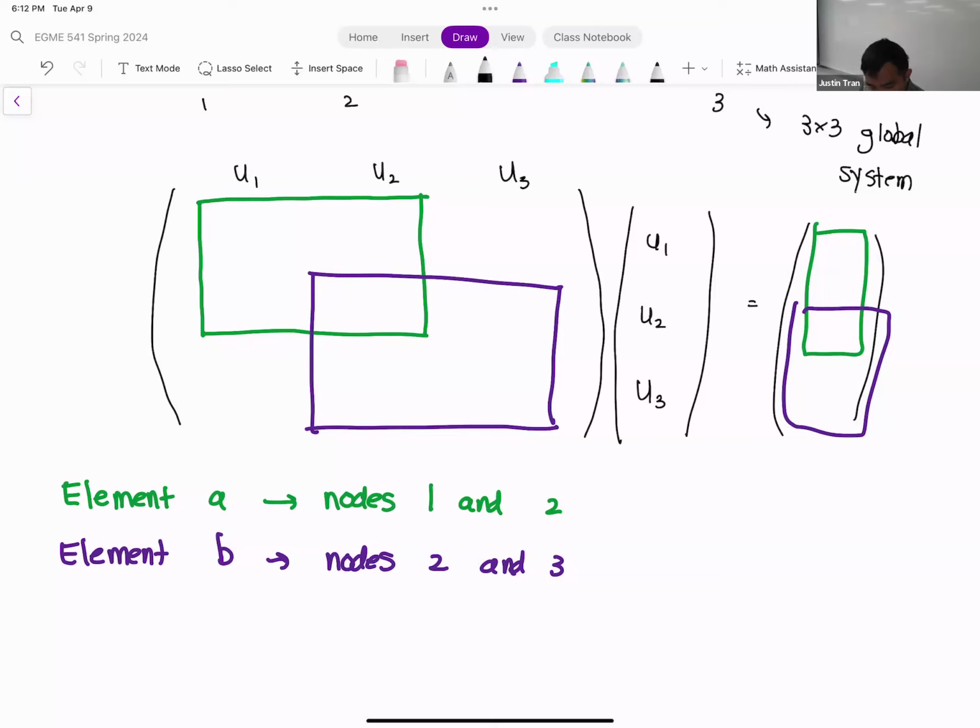And so we input the values for these, we get 1020.83, minus 1020.83, minus 1020.83. And the two parts where they overlap, we're going to sum them together. So we have 1020.83 plus 479.17.